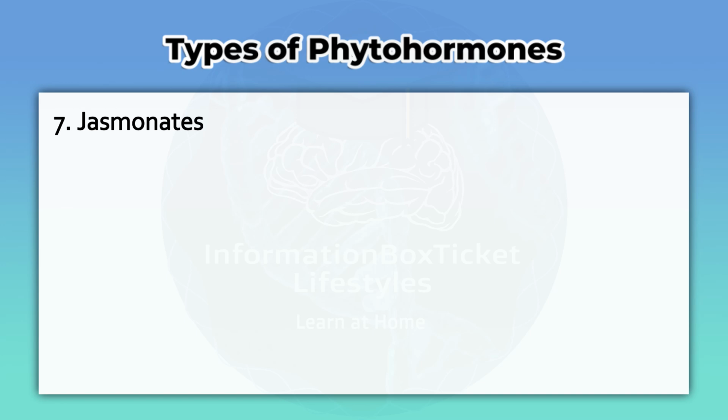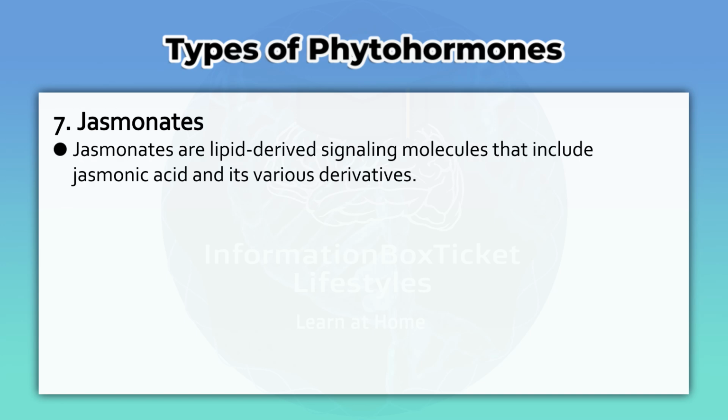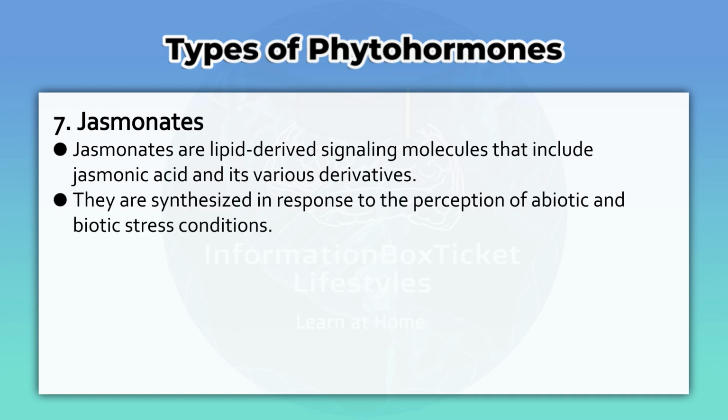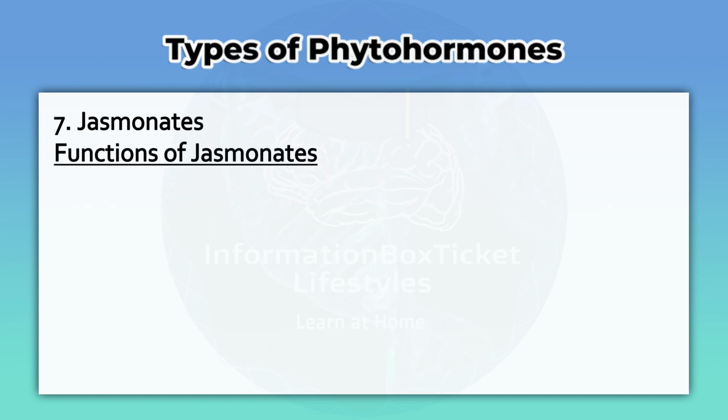7. Jasmonates. Jasmonates are lipid-derived signaling molecules that include jasmonic acid and its various derivatives. They are synthesized in response to the perception of abiotic and biotic stress conditions. Functions of jasmonates. Defense responses.